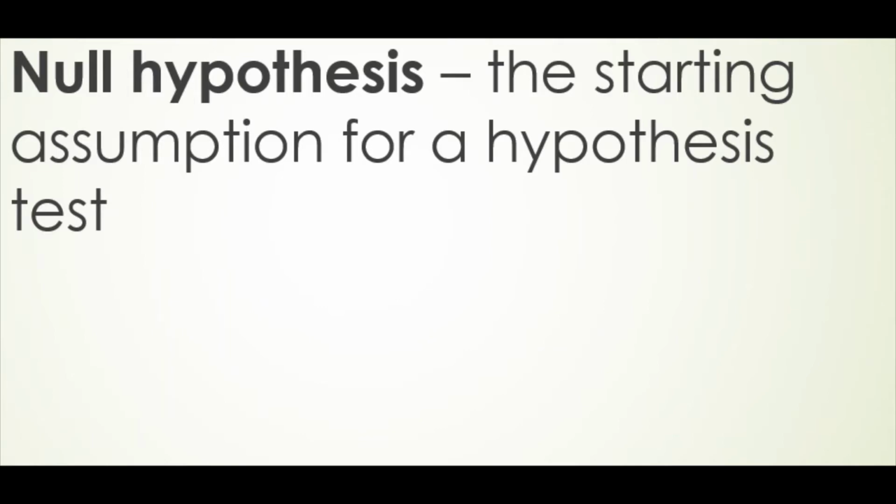So for example, if our claim is that dogs that eat our dog food live longer than dogs who don't eat our dog food, then our null hypothesis is basically going to be the opposite of that. It's going to be that the average age of dogs who eat our dog food is equal to the average age of all dogs. So that's our starting assumption that nothing is really happening.